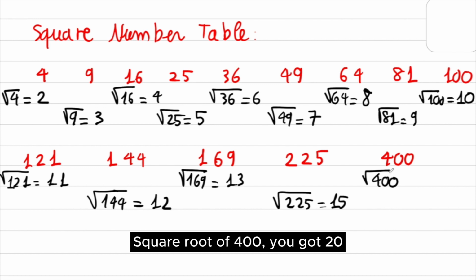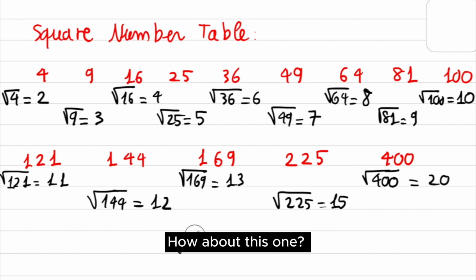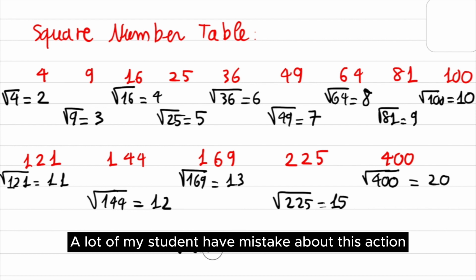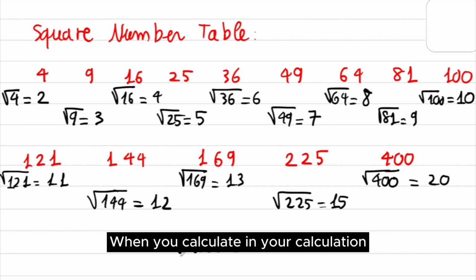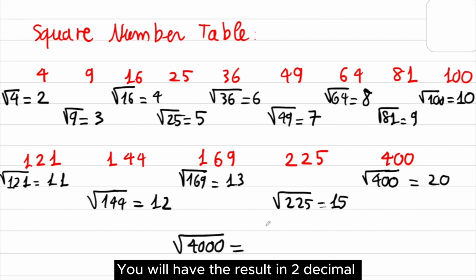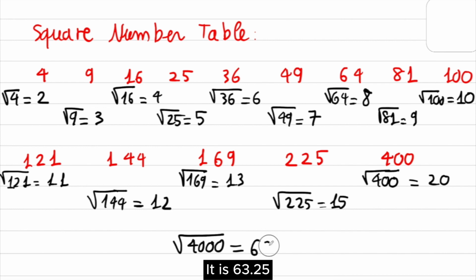And for this one, the square root of 400, you get 20. How about this one? A lot of my students make a mistake here. The square root of 4000. When you calculate it on your calculator, the result in two decimal places is 63.25.